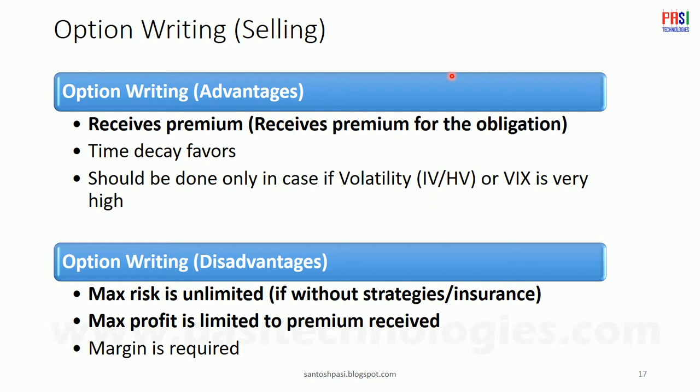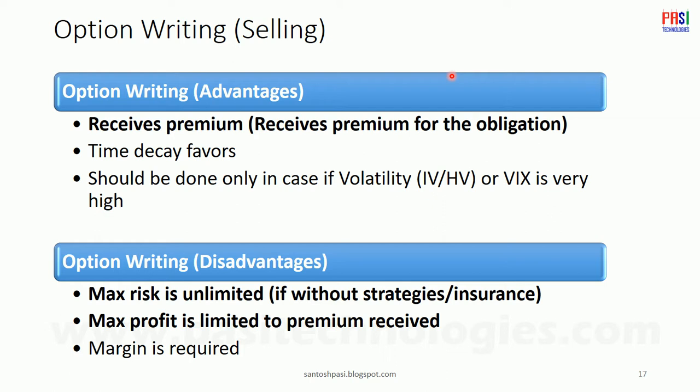Every day options reduce in value because of time decay, which is favorable to the option seller, and the option buyer loses the same amount. Options writing you normally do when markets are expensive, or when VIX is very high. And if VIX or volatility is low, then you should look for opportunities to buy options.